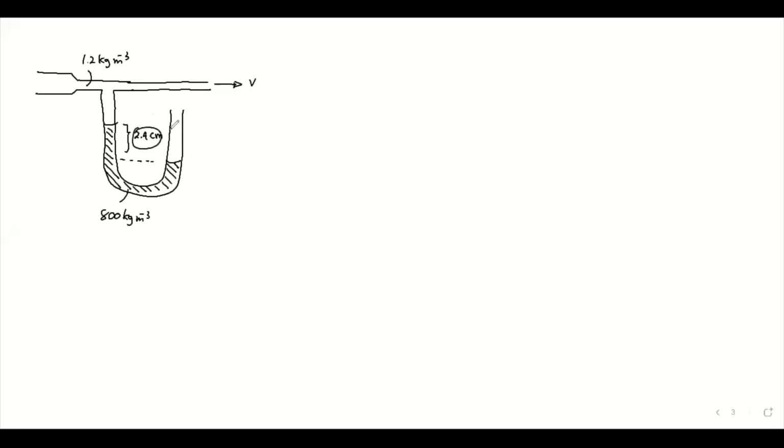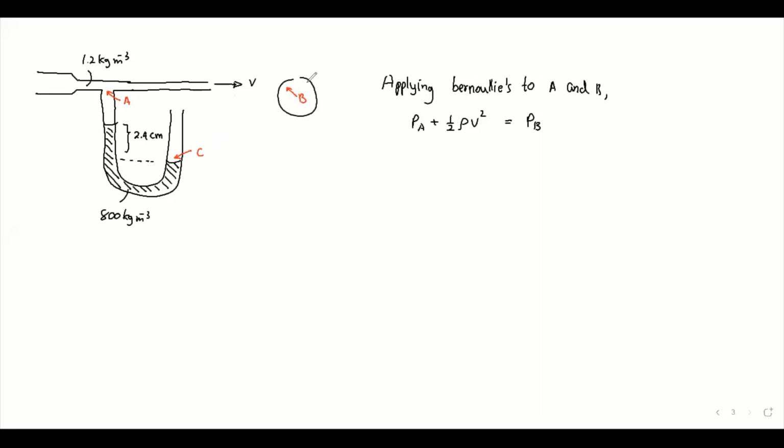So the difference is 2.4 centimeters. Now we can apply Bernoulli's to this scenario. So you can see that I have considered 3 points: A inside the tube, B outside, C here at this position of the tube.